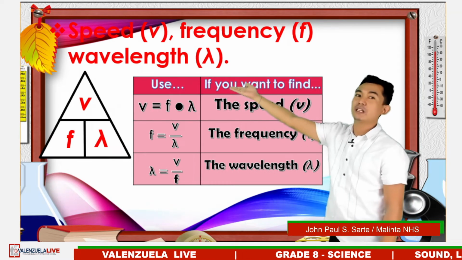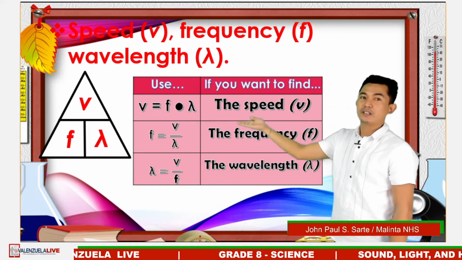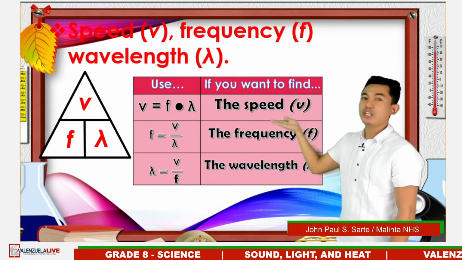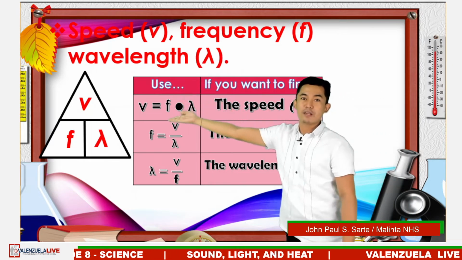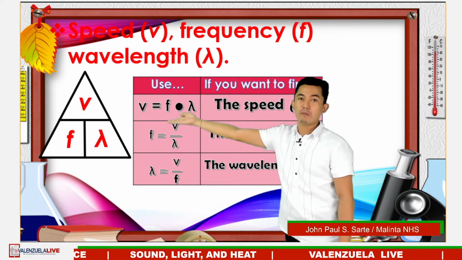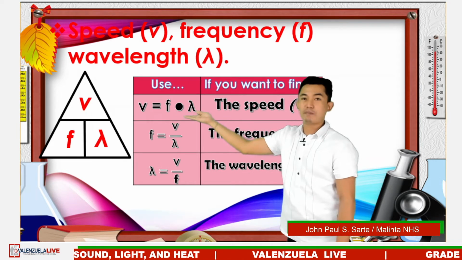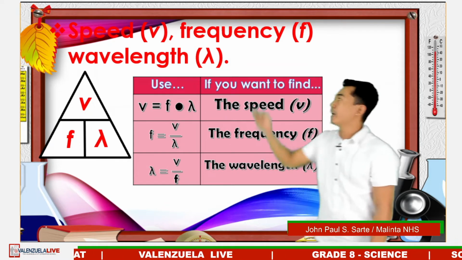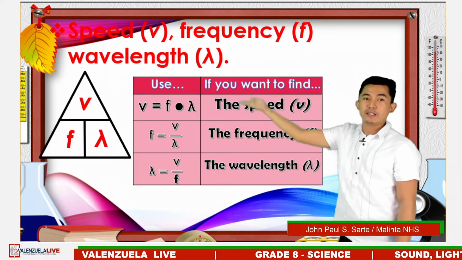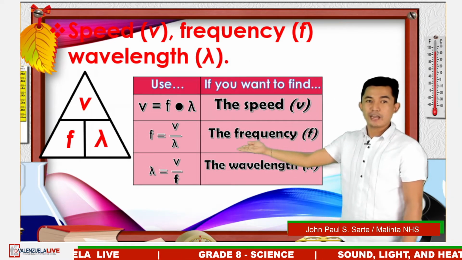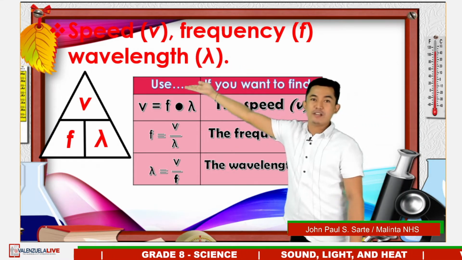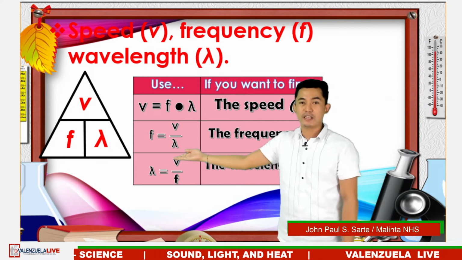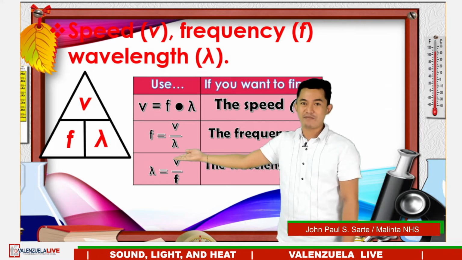If you want to find the speed, which is small v, what should be your formula? You need to use speed is equal to frequency multiplied by wavelength. Sir, how about frequency? If you want to find the frequency, you need to use this formula. Frequency is equal to speed divided by lambda.